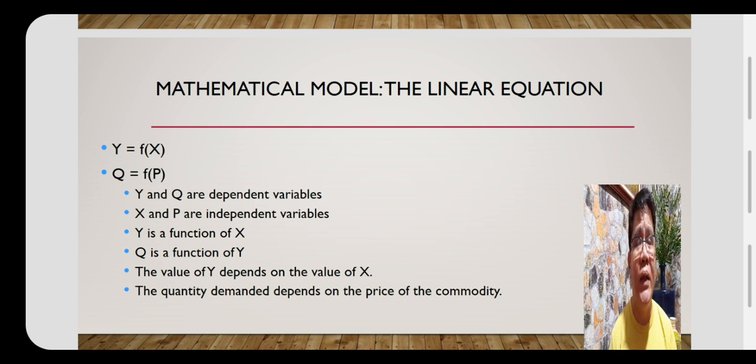Thus, quantity as a variable is a dependent variable because its value depends on another variable, which is the price.